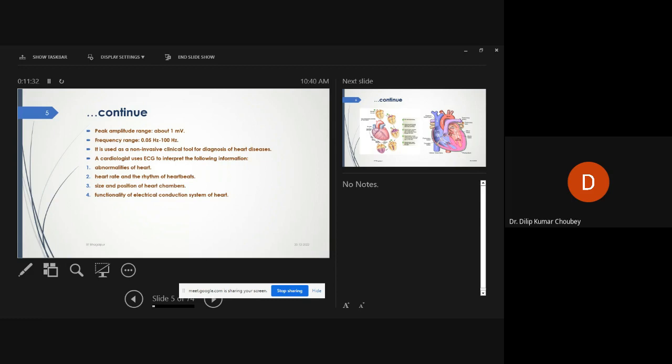After that, using the ECG, they can also predict the size and position of our heart chambers, meaning whether it has a bigger size or some abnormalities related to the size of the chambers. Okay, and they can also detect the electrical conduction system of our heart, meaning whether it is affected by some abnormalities or not.